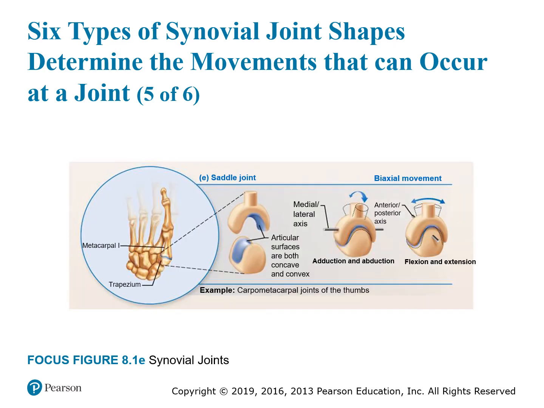The saddle joint allows for biaxial movement, adduction, abduction, flexion, extension. The articular surfaces of this type of joint are both concave and convex. An example of a saddle joint is the carpometacarpal joints of the thumbs.